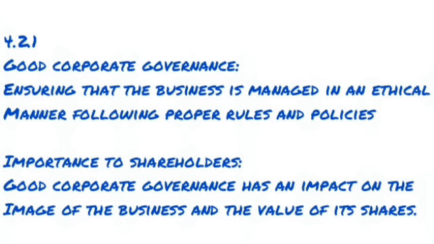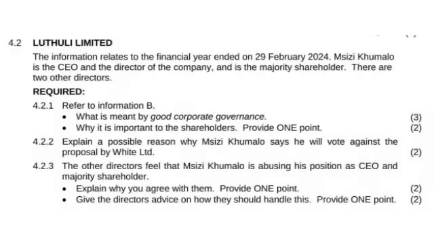So when the business has a good image, usually that drives up the price of its shares. If the company has bad corporate governance, meaning there is fraud in that company and things don't run properly, it will affect the image of the business, which will also affect the price of the shares. And that's why it's important.